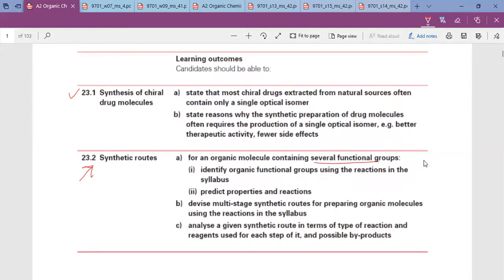They put it all into one question, asking you to use the reactions of all these functional groups to predict properties of the substances. And multi-stage synthetic routes all come in one question. That means you see the whole picture. I also do this when I do it in class with you.